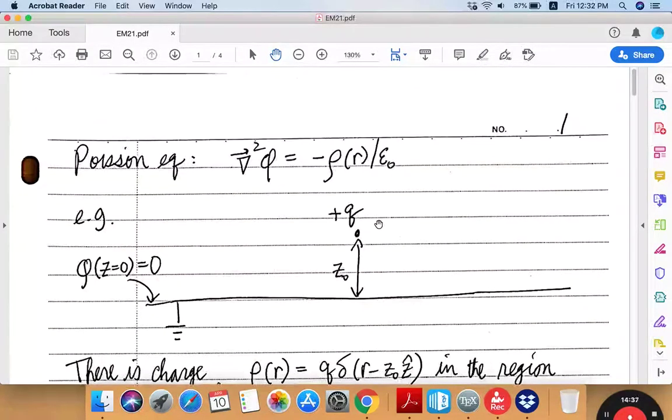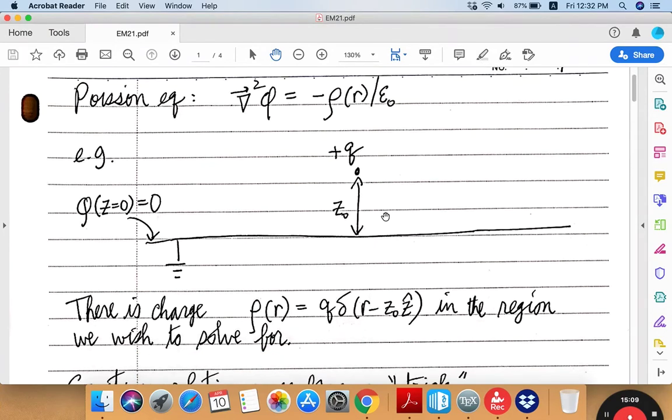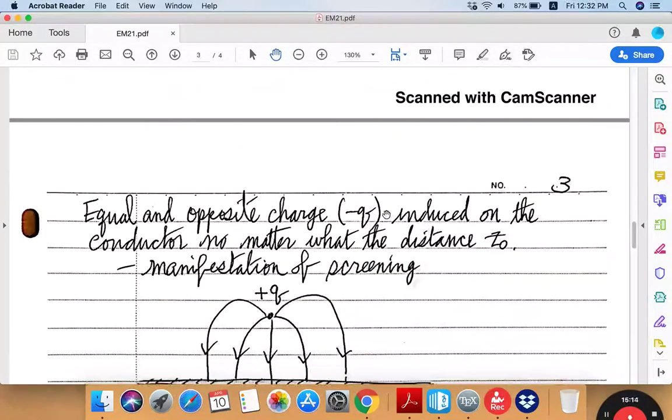So what that means is that if you put 1 coulomb of point charge near the metallic surface, then there is an equal and opposite amount of charge that's created, I shouldn't say created, that's induced on the metallic surface in order to cancel out the effect of this external charge. Okay, so that's pretty cool.